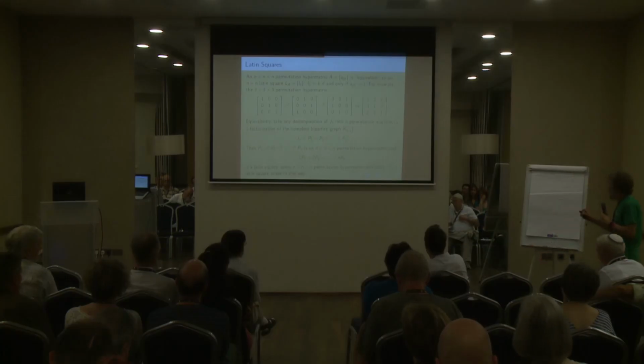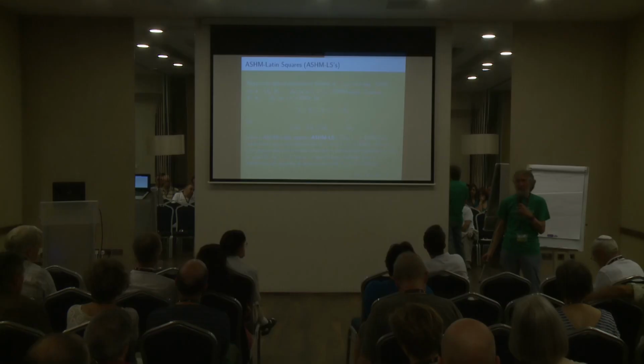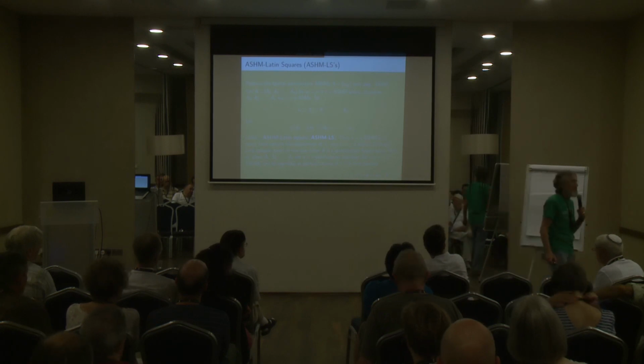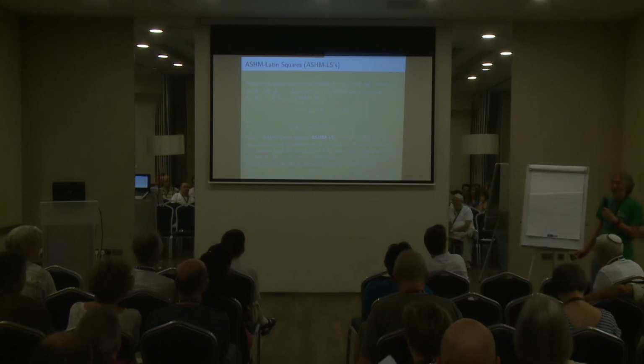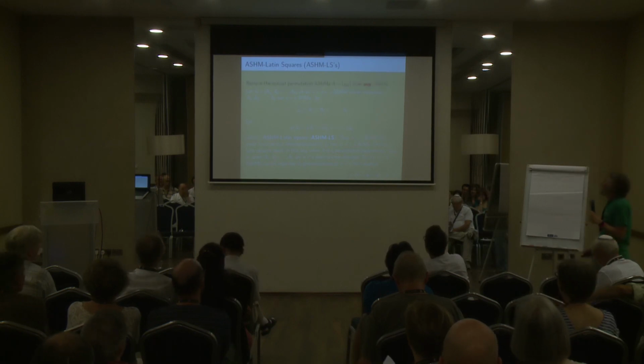Okay, like so. All right, so how should we define an alternating sign hypermatrix Latin square? I have to tell you, I was very excited when I came up with this idea. And maybe it's, well, you can react to it as you wish, okay? But I was pretty excited about this, okay? Like so. So replace the permutation hypermatrices with any alternating sign hypermatrix.